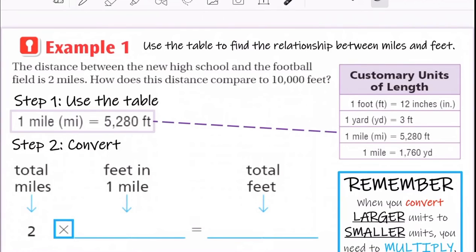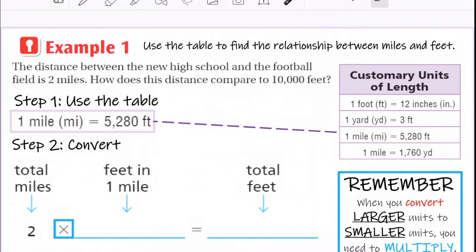Everyone else uses the metric system, and so we compare across systems all the time. But in this 5th grade standard, we're just going to be comparing within our own system. So we'll be comparing feet to miles, yards to miles, inches to feet, inches to miles, stuff like that.